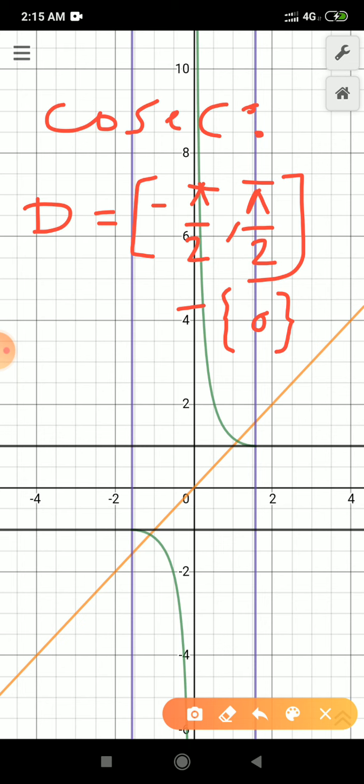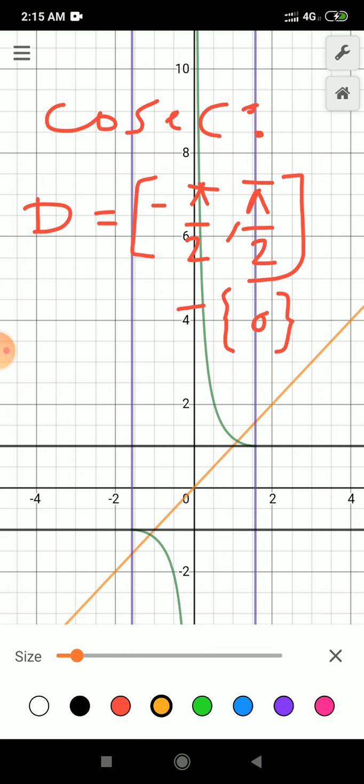And for the range you can see the graph is only above the line y equals to 1 and below the line y equals to minus 1. See, this point is 1 and this point is minus 1. So we can see that above y equals to 1 there is a part, and below y equals to minus 1 there is a part.